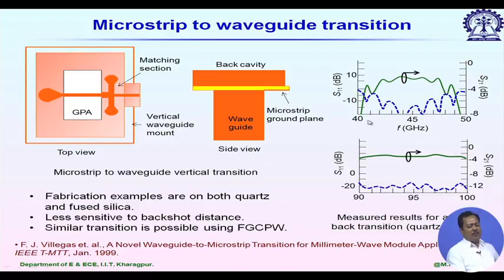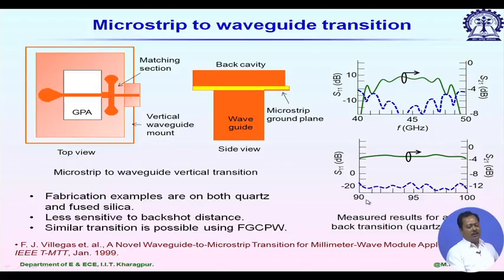The first example is over the 40 to 50 gigahertz band, and you see the S21 is quite good for these two transitions, including a section of rectangular waveguide. Its mid band loss is just 2 to 3 dB for two transitions.